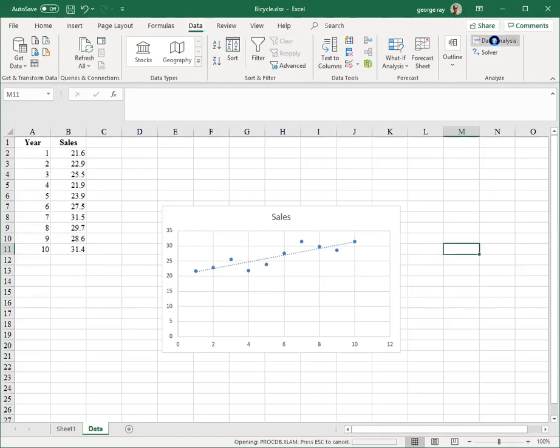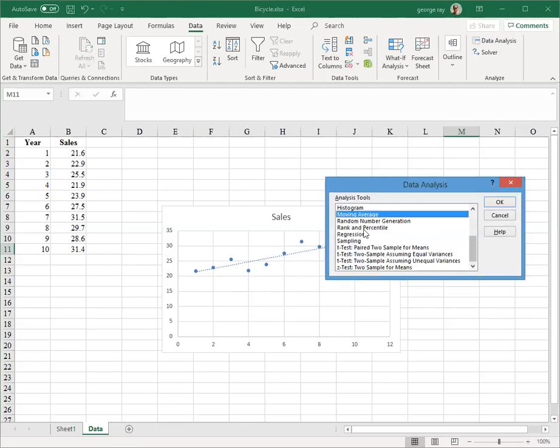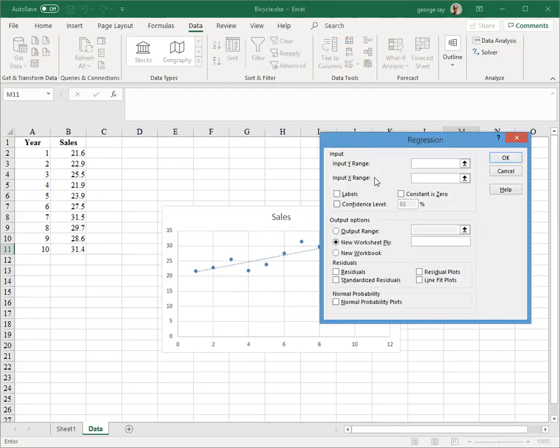So I'll come over to data analysis, go down to regression. The Y range is going to be sales. That's our dependent variable. The X range, the independent variable, in this case is going to be year.